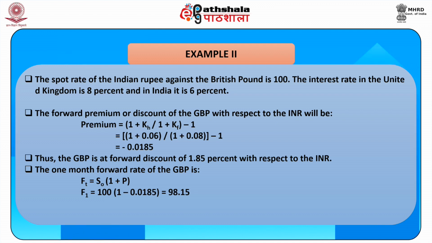Thus, the Great Britain pound is at a forward discount of 1.85% with respect to the Indian rupee.